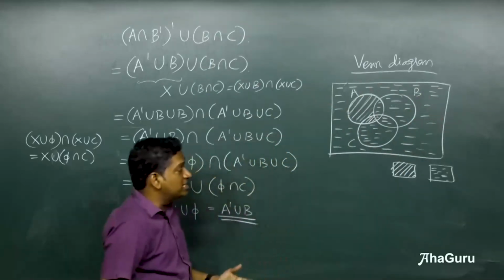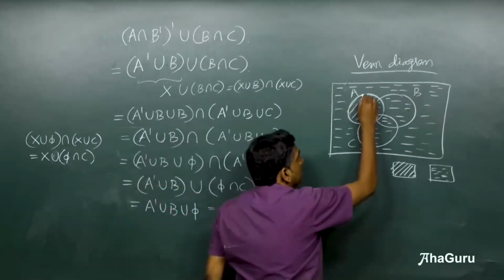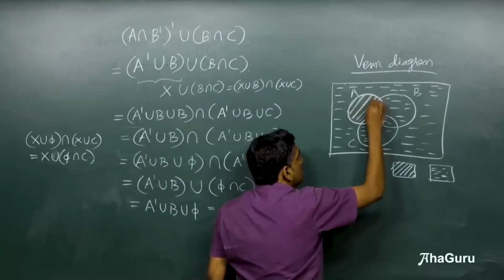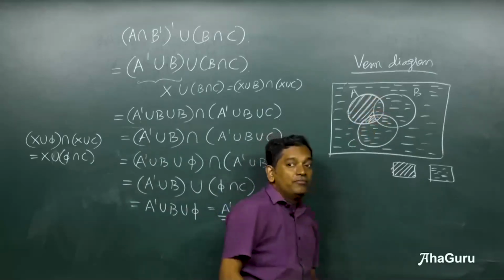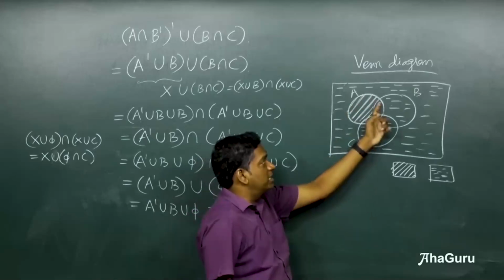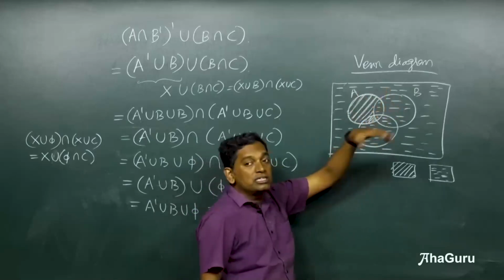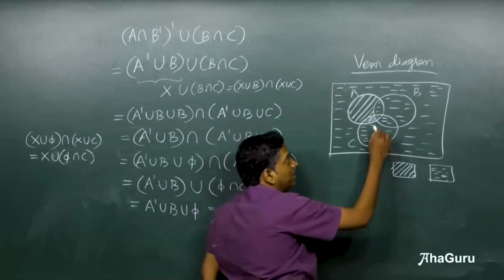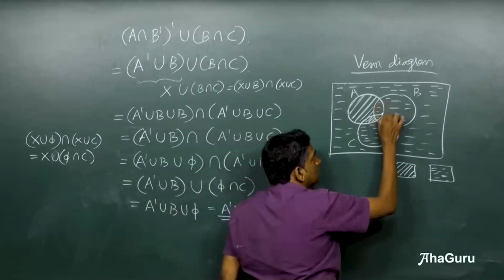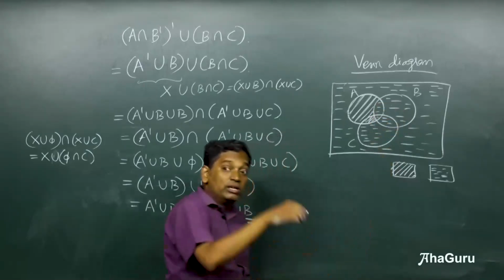Now what is that original region? Let's see. Everything that is not in this shaded portion. Now what is the shaded portion? Well, we could have simply called the shaded portion A and the dashed portion A complement. But the problem is A complement will not include this. But we want to include that.